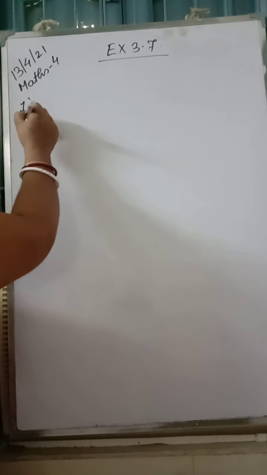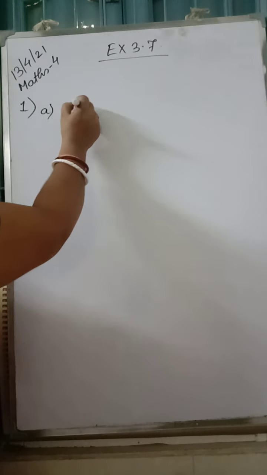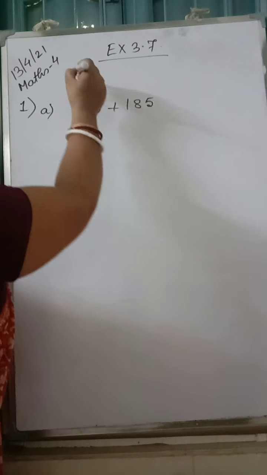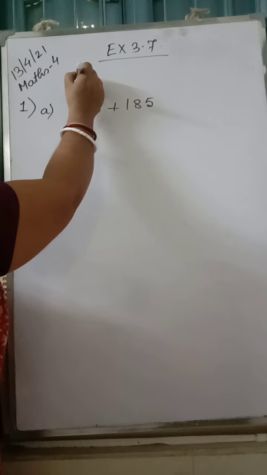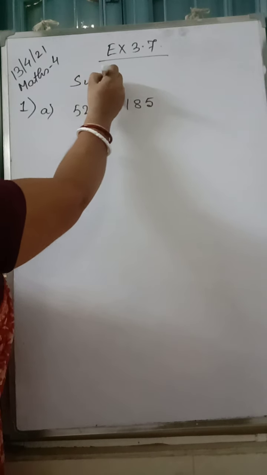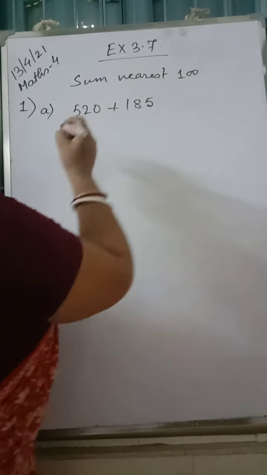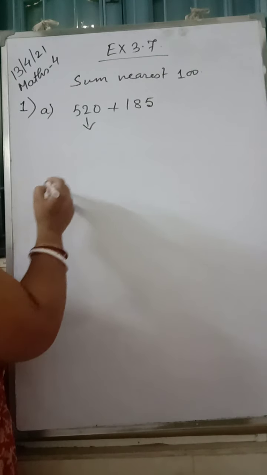Question number 1. A, it says 520 plus 185. You have to write the following sum to the nearest 100. So what will be 520 to the nearest 100?